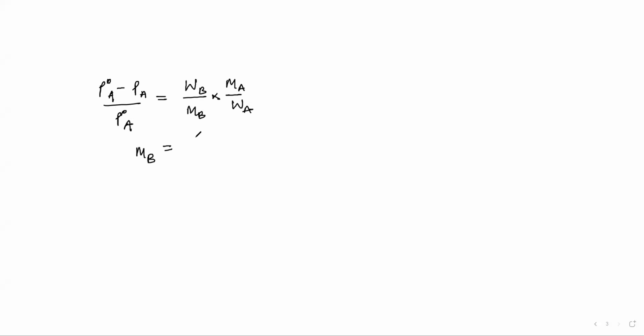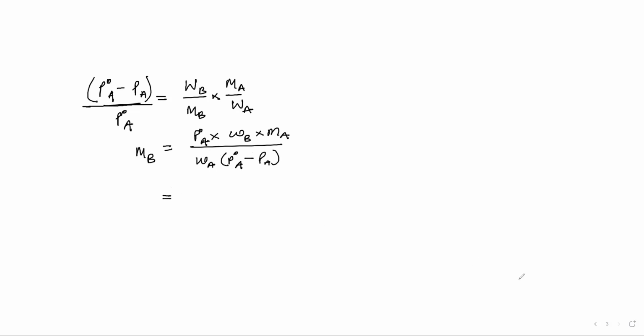This P naught A will go up. So we'll be having P naught A into WB into MA upon WA multiplied by P naught A minus PA. And since this whole term is in the numerator, all will come down, and we will have a bracket here.